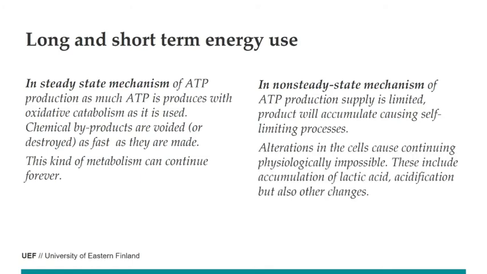And there can be some alterations in cells making continued physiological function impossible. If you have ever run as fast as you can, you can't do it forever. And what happens there? It's accumulation of lactic acid, acidification, but also other changes that we will discuss in greater detail in the next videos.